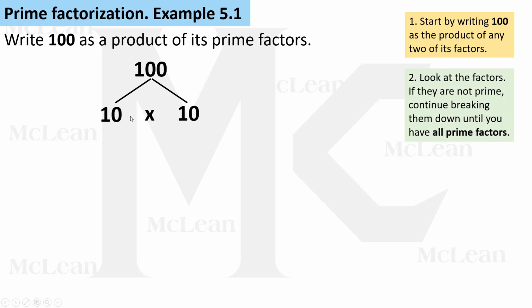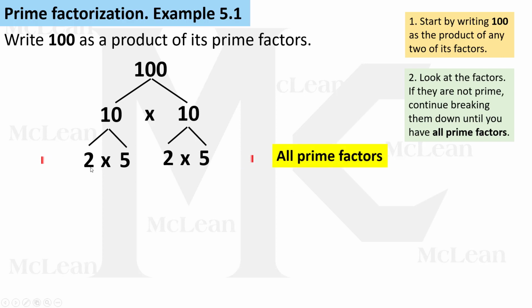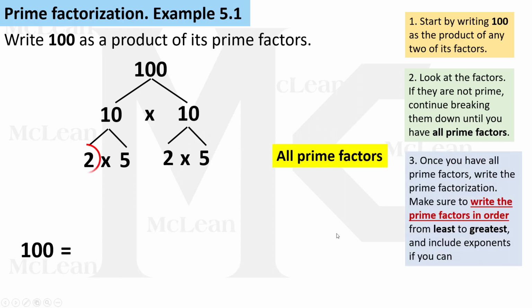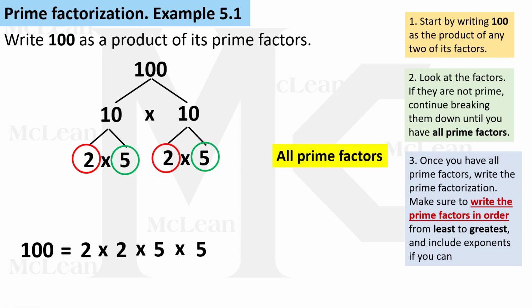We need to break this down because these 10s are not prime numbers. So let's go. What times what gives us 10? 2 times 5. And again, 2 times 5 gives you 10. And we are done. 2 is prime, 5 is prime. So written out, 2 times 2 times 5 times 5.